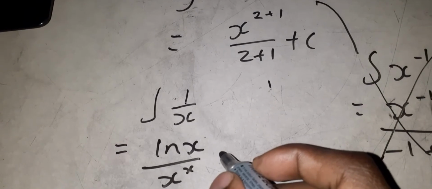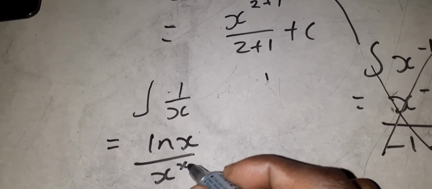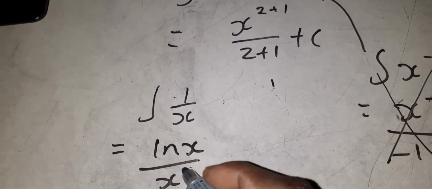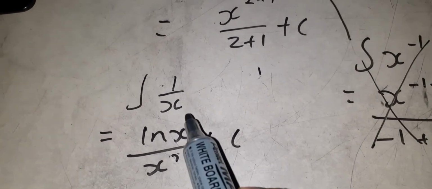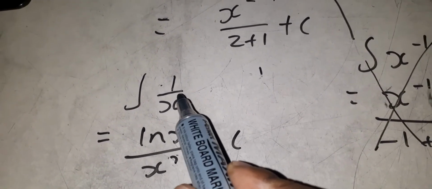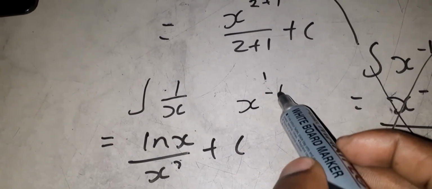Oh, sorry for that, cameraman. Yes, ln of x divided by the derivative of x, then plus c. If it's to the power of 1 and it's in the denominator, or it's just to the power of negative 1.